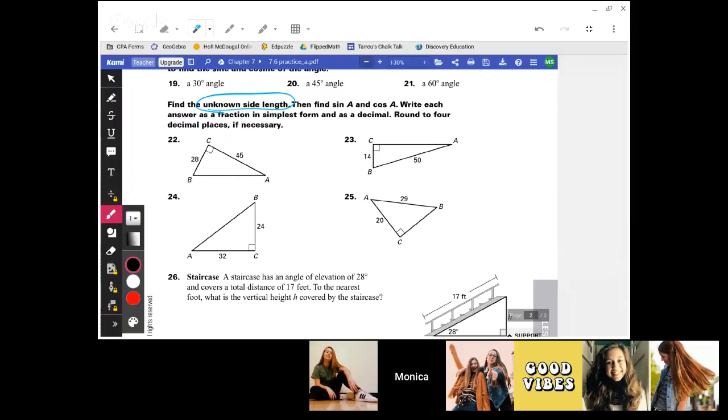Yes, Pythagorean theorem. So you've got your a squared and your b squared, so you just have to solve for c squared, right? Or actually for the c.